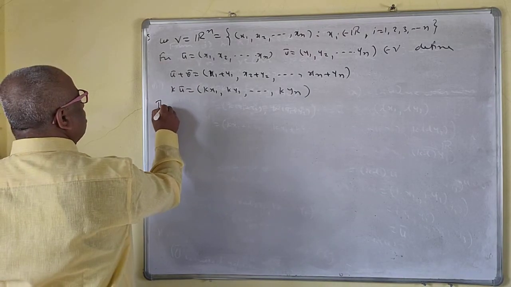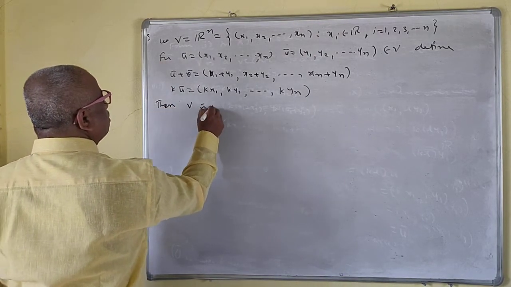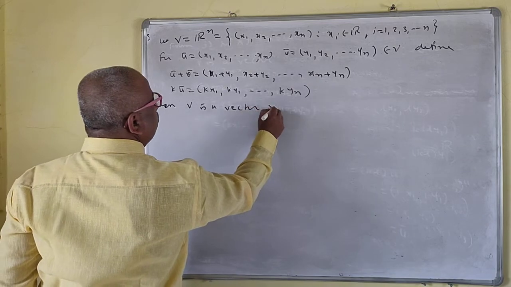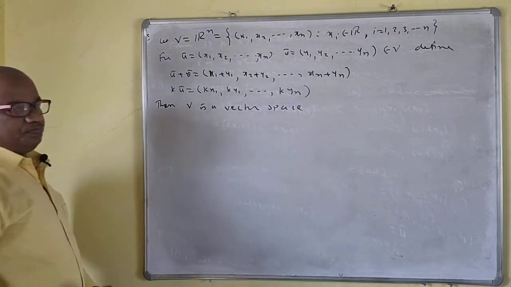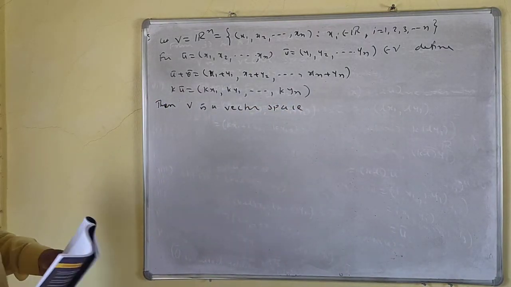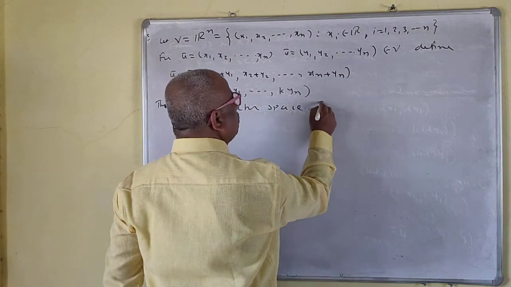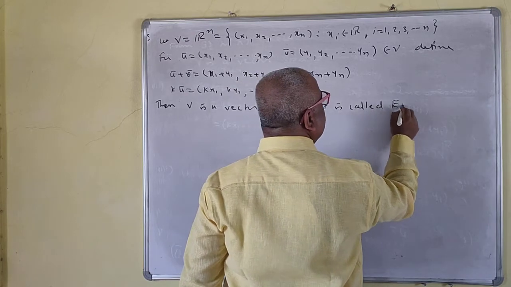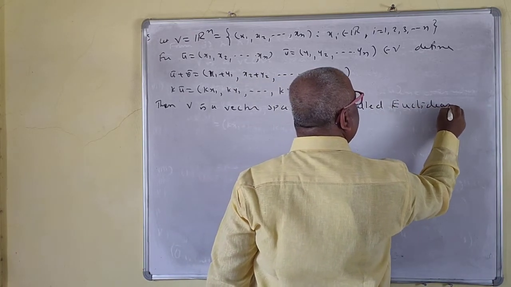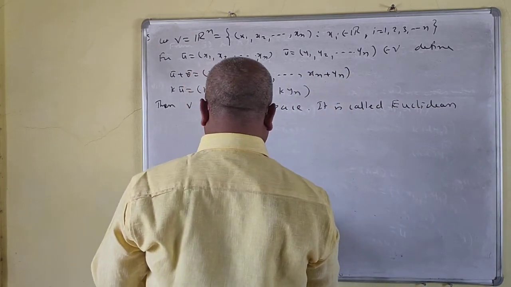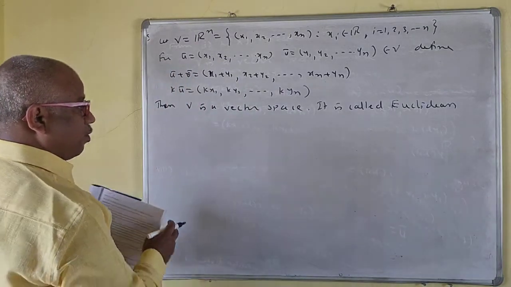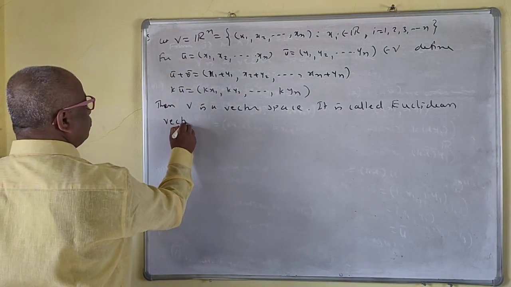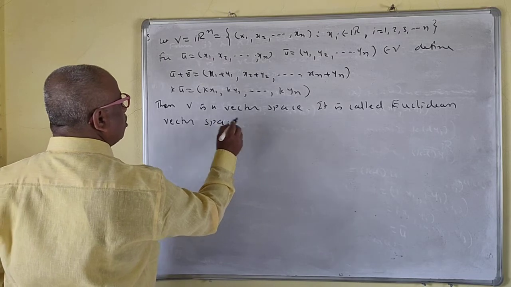So then V is a vector space. It is called Euclidean vector space. That means what?